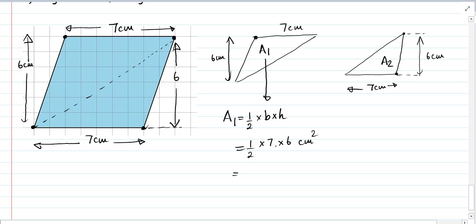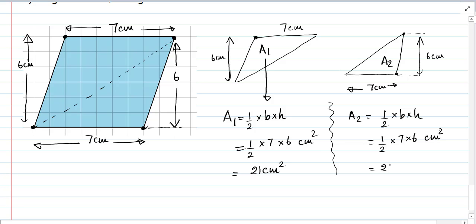Here my answer is 21. If I find the area A2, half base height, same measurements, right? Which means 21 again.